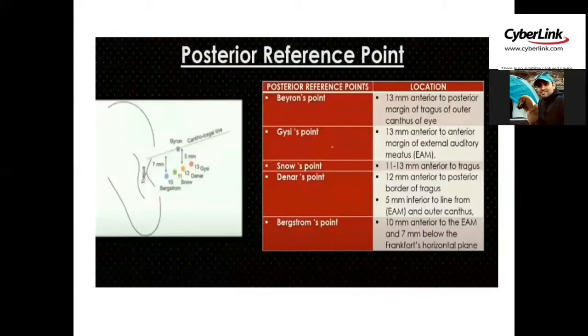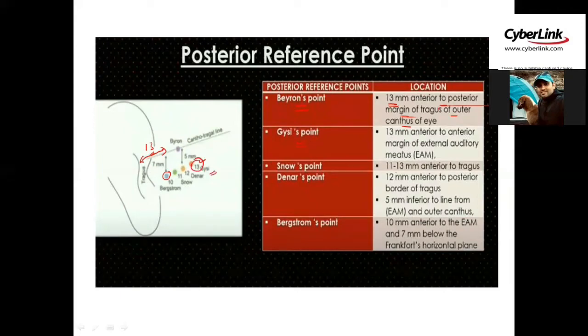Then your posterior reference points. Beyron's point is 13 mm anterior to the posterior margin of the tragus on the tragus-outer canthus line. Then your Gysi point, which is around here, 13 mm anterior to the anterior margin of the external auditory meatus. That's why it is written 13.